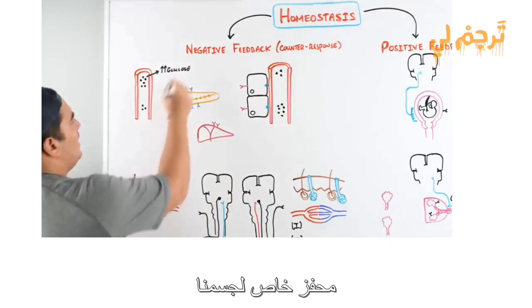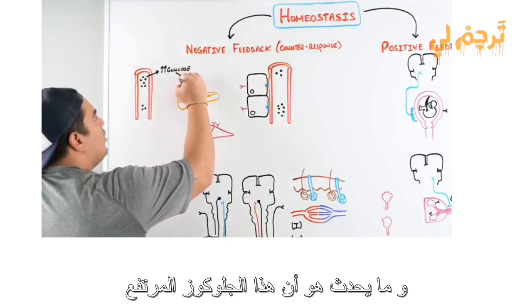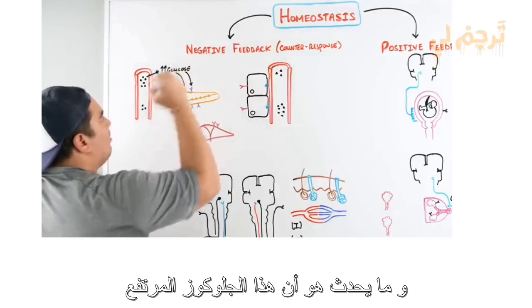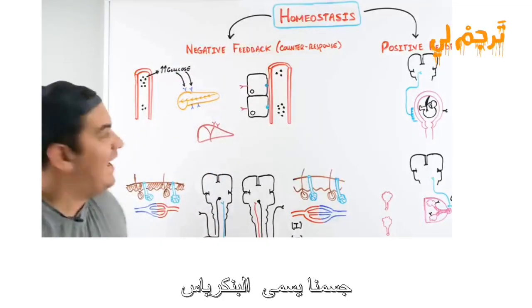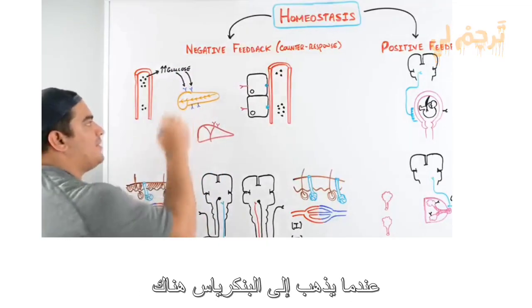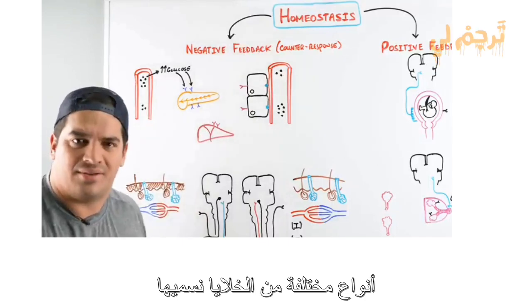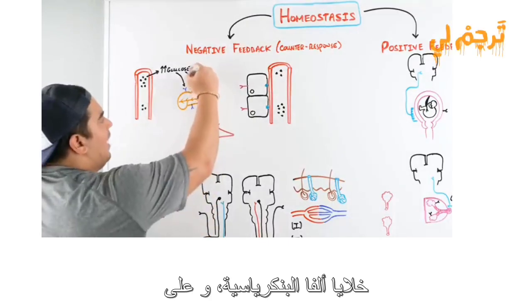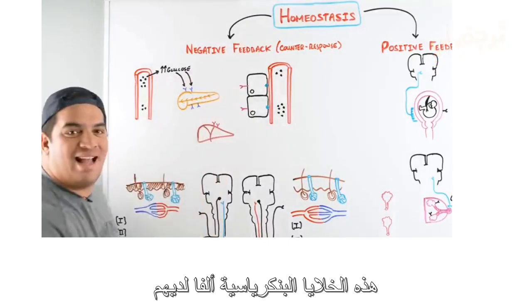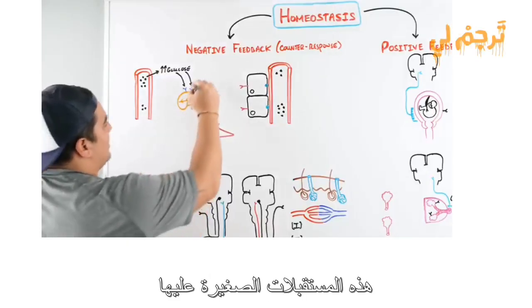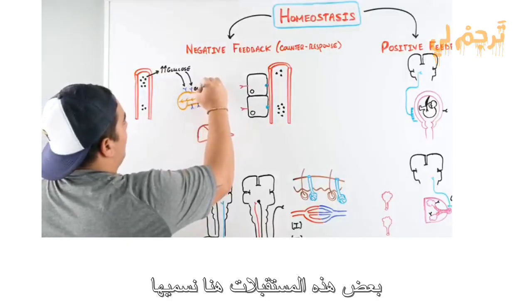What happens is this high glucose will then go to a particular organ in our body called the pancreas. In the pancreas, there are different types of cells. We call them pancreatic alpha cells, and they have little receptors on them. Some of these receptors we call glut receptors.